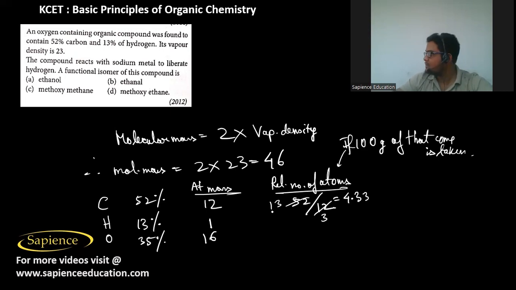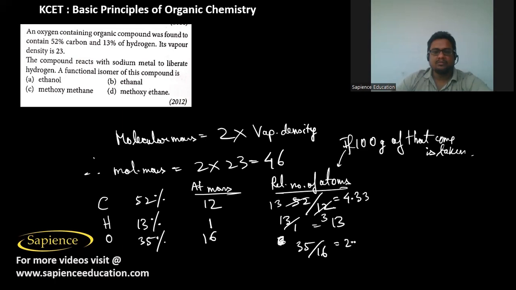And then the relative number of atoms of hydrogen will be 13 by 1, so that will be equal to 13. And the relative number of atoms of oxygen will be 35 by 16, so that will be approximately 2.18. So we have to take the simplest ratio.